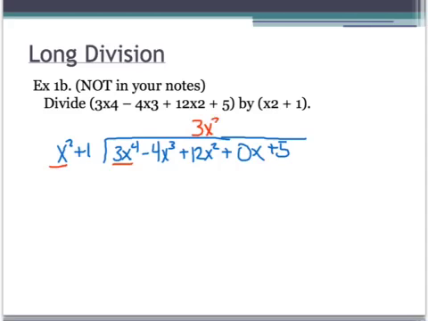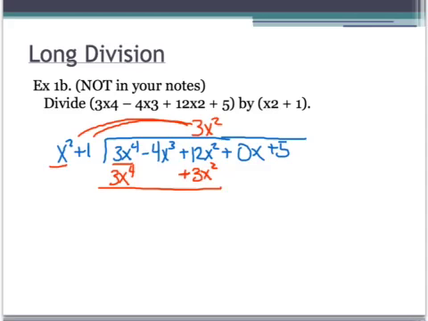Now remember, we want to keep our like terms in the same column. So I write 3x squared above the 12x squared. Then I have 3x squared times x squared is 3x to the 4th. 3x squared times 1 is 3x squared. And I subtract.